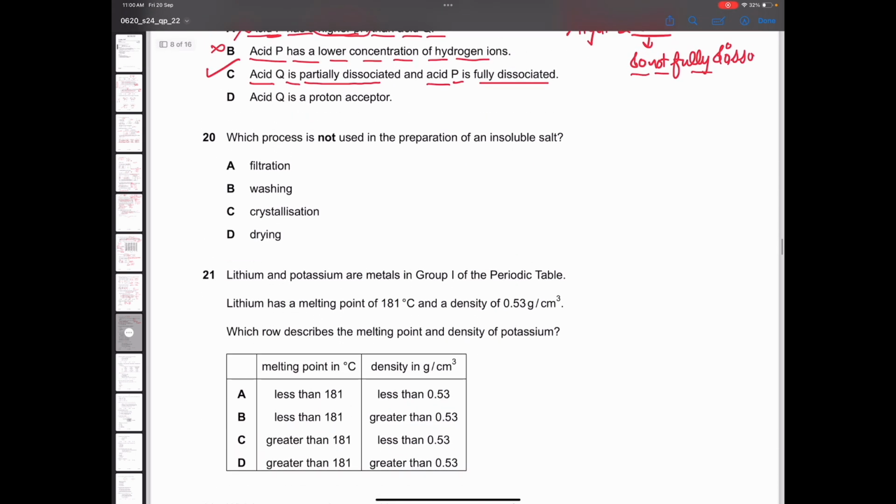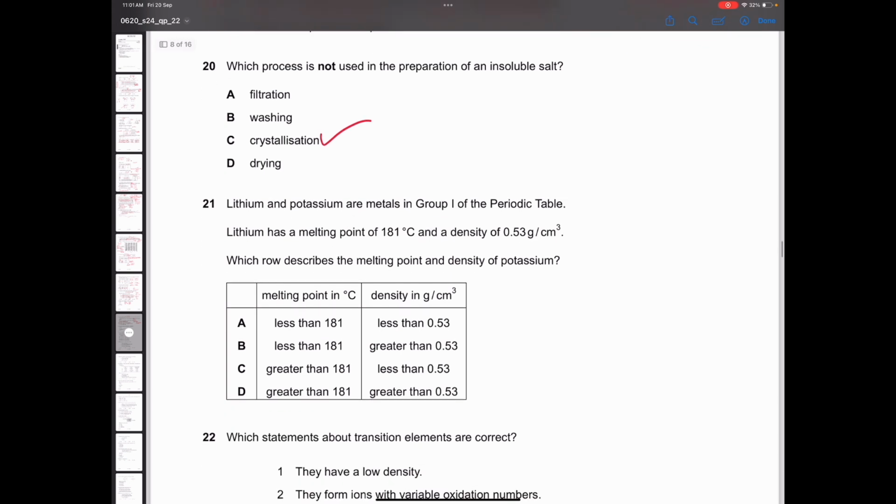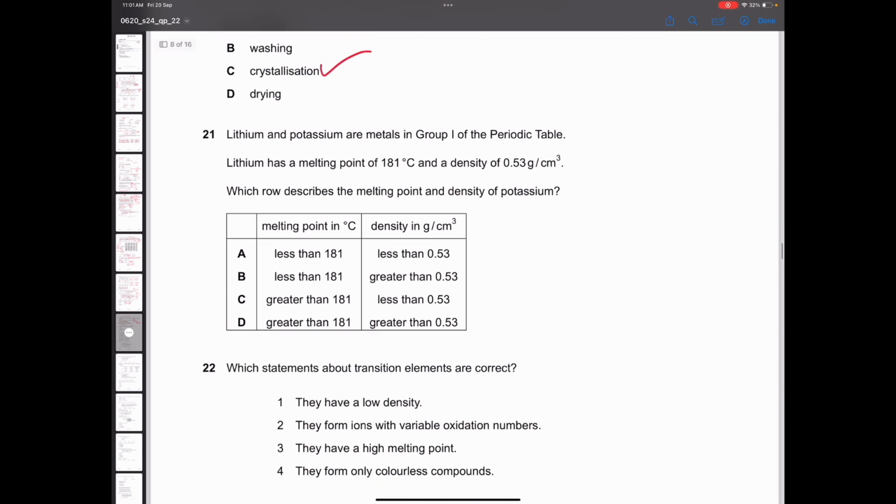Which process is not used for preparation of an insoluble salt? Crystallization is not done, so option C will be correct. Next: lithium and potassium are metals. Potassium is more reactive than lithium. This is true. If potassium is more reactive, the melting point of potassium will be less, but the density will be more. Why?